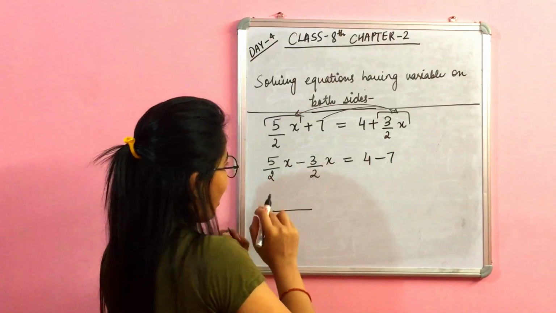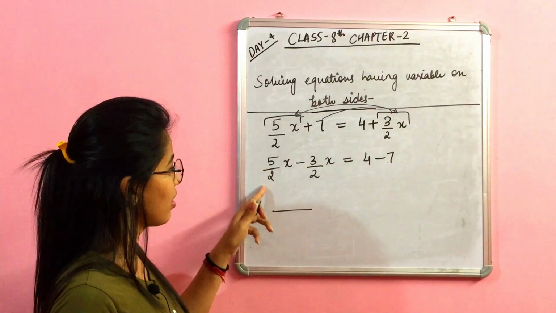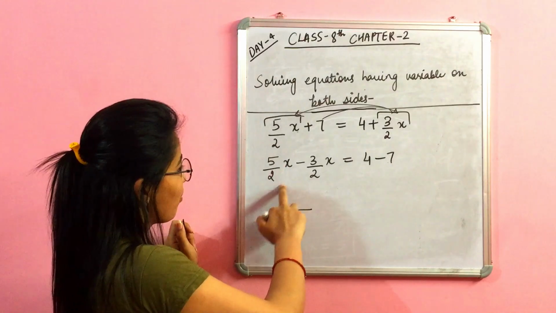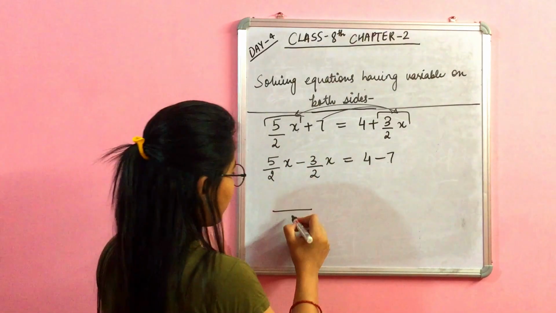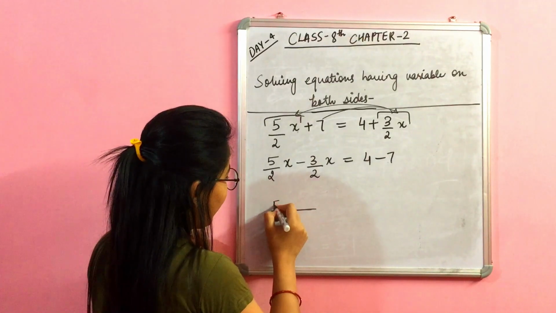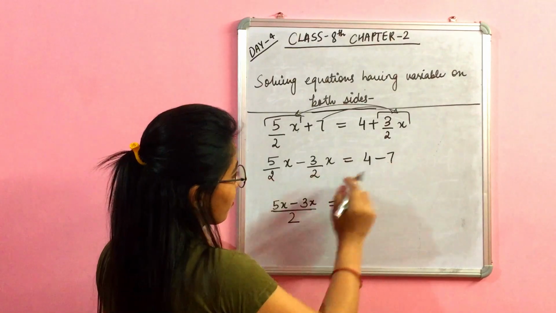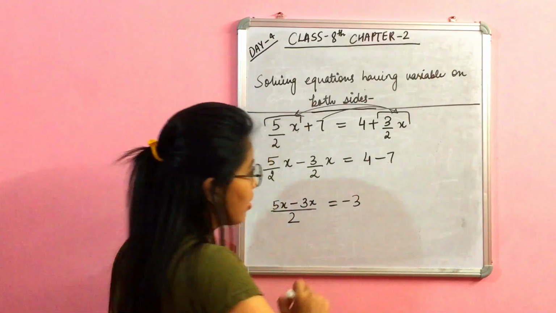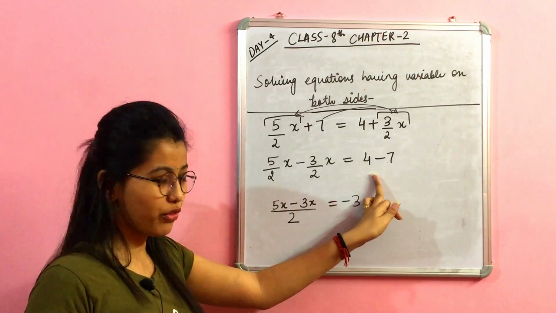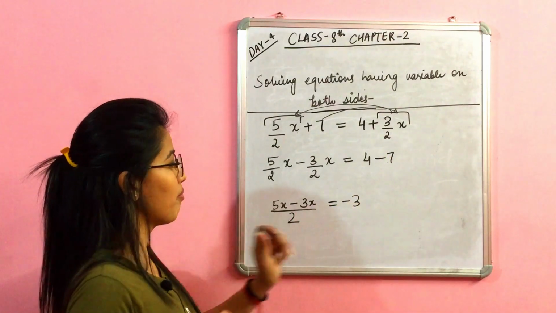The variable is the same, so I will just look at the coefficients: 5 upon 2 minus 3 upon 2. The LCM will be 2 only. I can write 5x minus 3x is equal to 4 minus 7, which is minus 3. As plus and minus give minus, we subtract 3 from 7 to get 3, and the sign will be that of the greater number, that is minus.